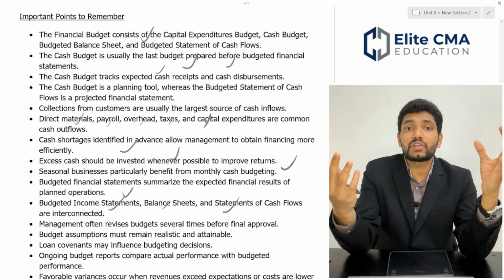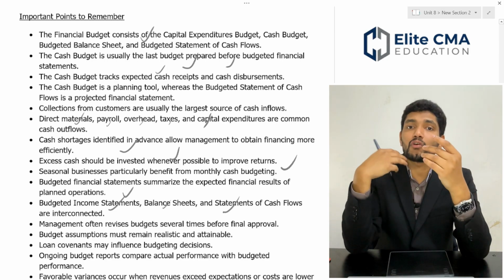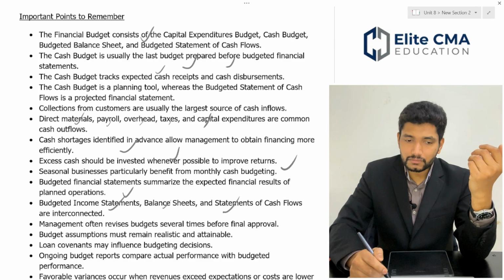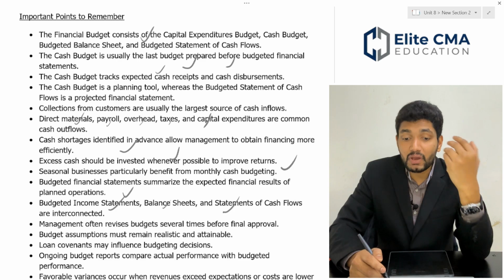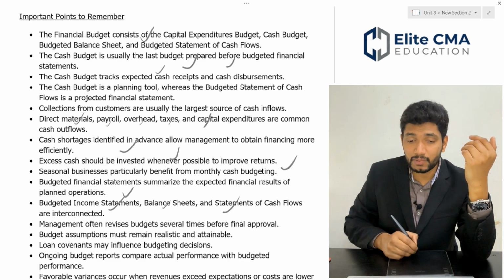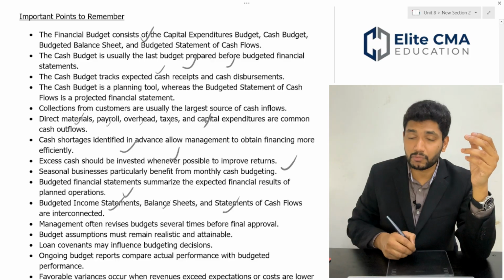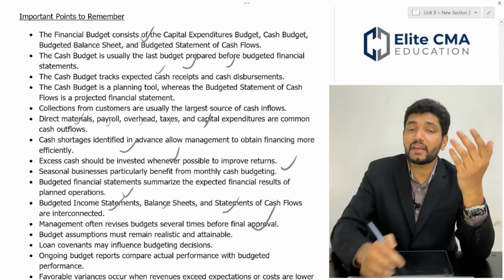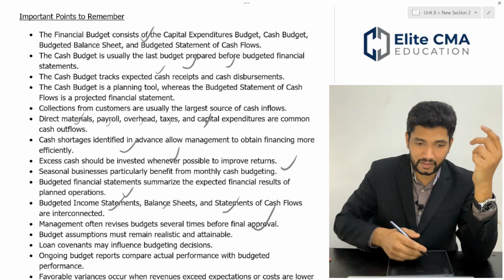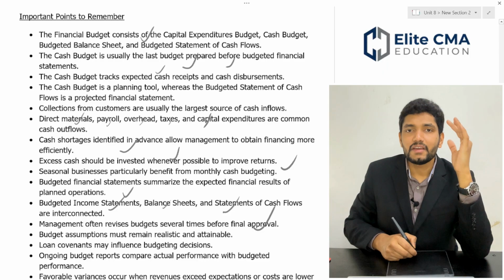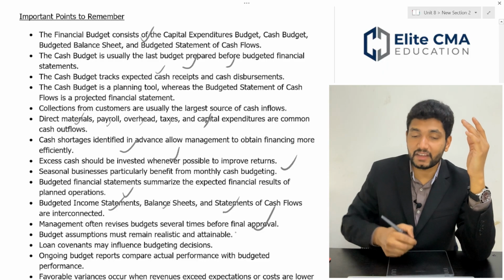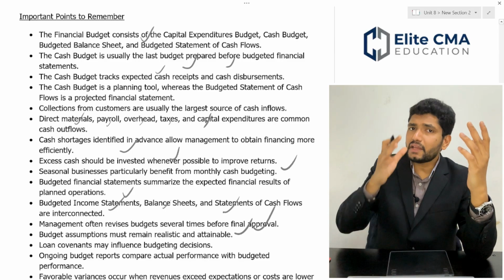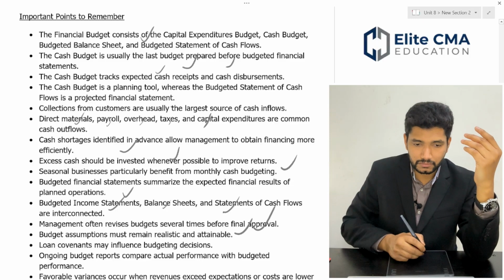We know that these statements, whether budgeted or actual, are interconnected. Again, budget review and revision: management often revises the budget several times before final approval to make sure the budget meets the expected financial results. Again, the budget assumptions must be realistic and attainable. A budget should always be attainable and challenging as well.